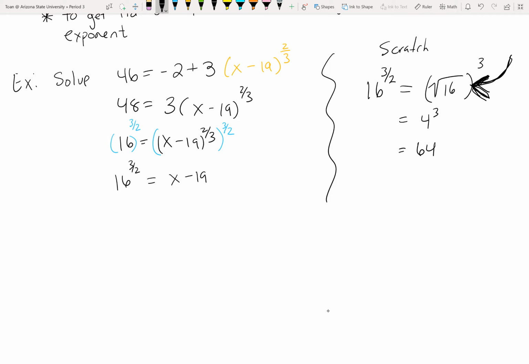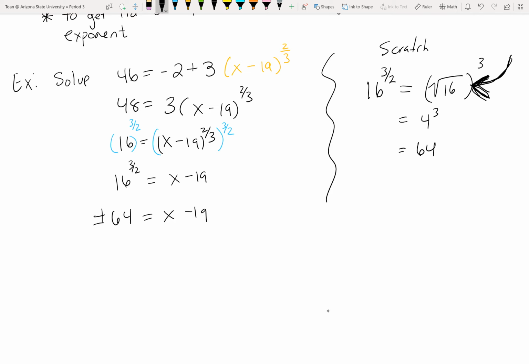Remember that tip before, that when you're solving an equation, anytime you use an even root, your result will be plus or minus. You cannot forget that even in these situations. So we used a square root in the context of solving, so the result will be plus or minus 64 equals x minus 19.